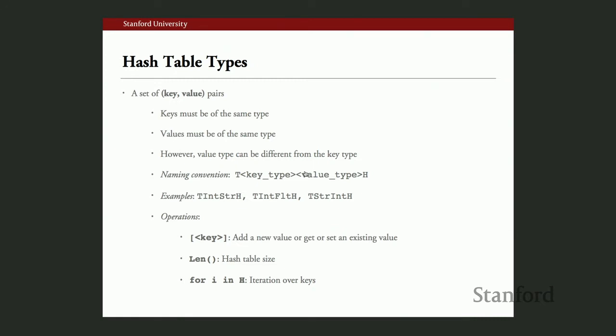And again, they have a naming convention: T key value H. So a map from int to float would be TIntFltH. And then there are a few operations, right? You can add a new value or set one, get the size, and looping through it with for I in the map loops through the keys.